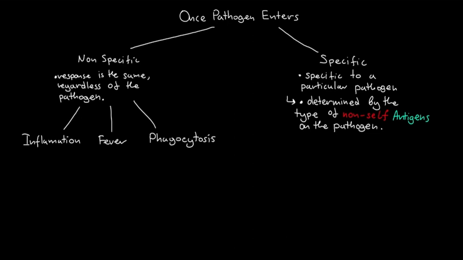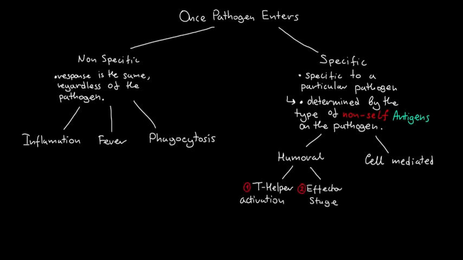In a scenario where the digestion does not work out, so when our pathogens divide faster than they are engulfed, the specific response is triggered. Specific response is specific to each type of pathogen, because if the antigens present on the pathogen differ, we would require other T and B cells with other complementary receptors that may detect those non-self antigens, so the whole pathogen. There are two types of specific response, the humoral response and the cell-mediated response. We will talk about each of them later on.